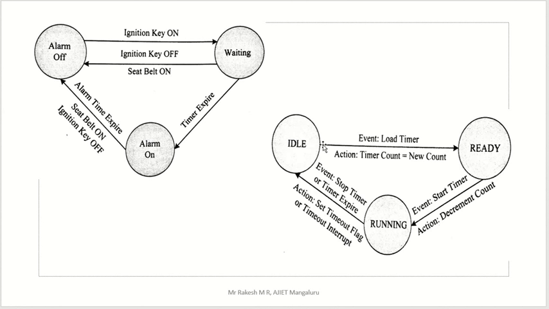Here you switch on your vehicle, and here you load your timer. It is waiting, that is the ready state. Now in the ready state you have still not put your seat belt. At that time the timer will start, the event is start timer, and there is a decrement, right? One by one the count will decrease.